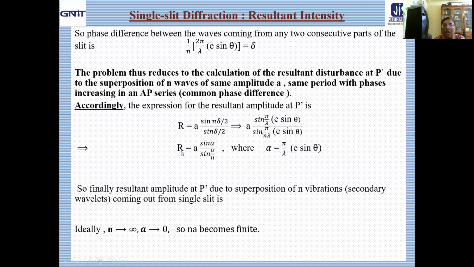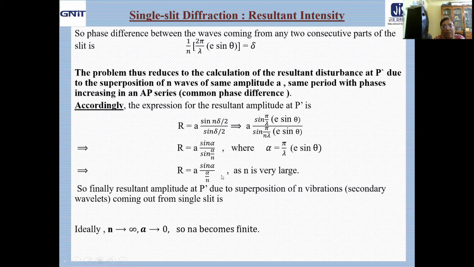The resultant amplitude at P prime due to the superposition of n waves of same amplitude A, same period, and with the same phase difference is given by A sine alpha by sine alpha by n, where alpha equals pi e sine theta by lambda.